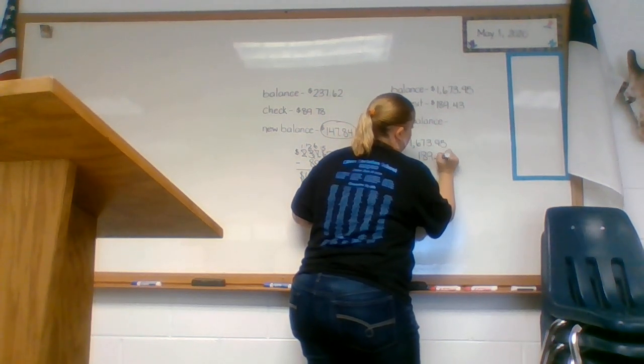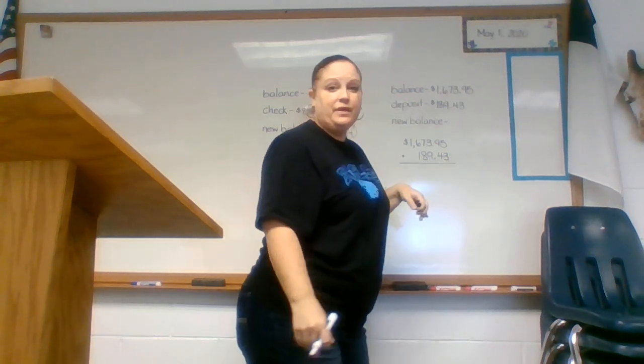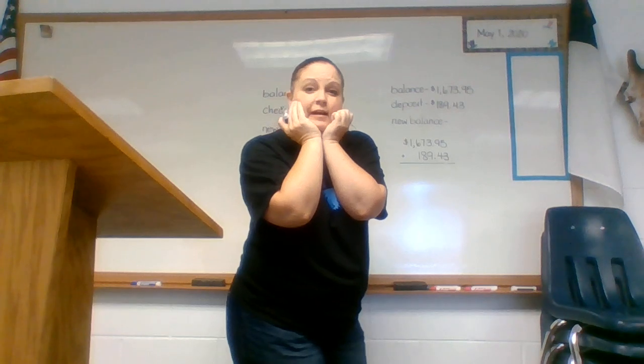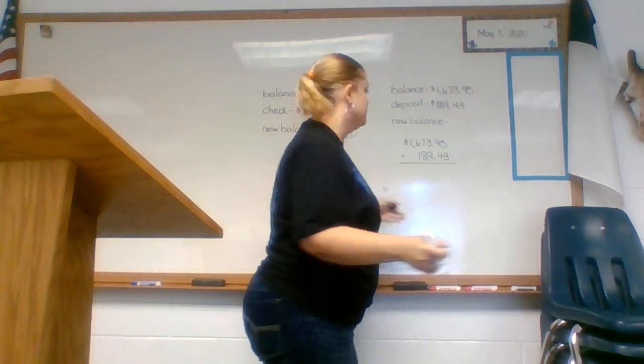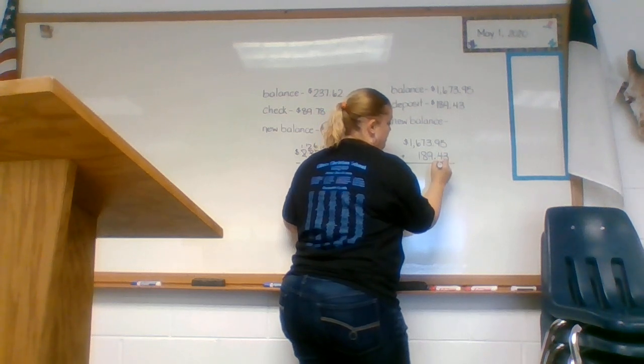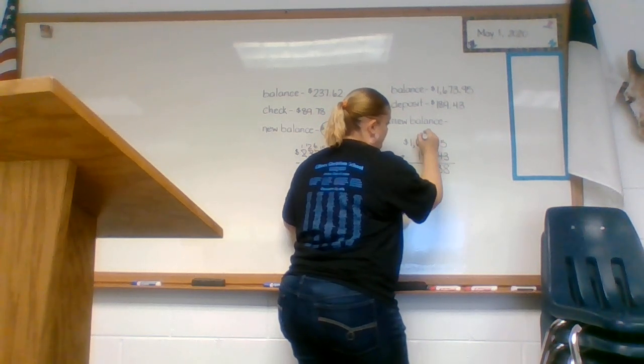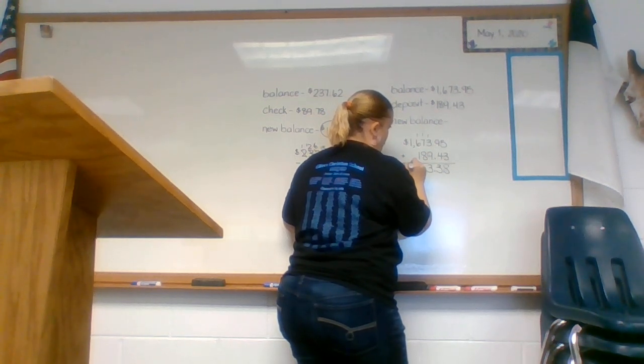So $189.43. And you should be doing this along with me, not just sitting there at your seat, staring and watching for me to get to the part that's in your book. Don't be lazy. Come on. All right, 5 and 3. Let's keep our decimal point in there. 8 and 1.